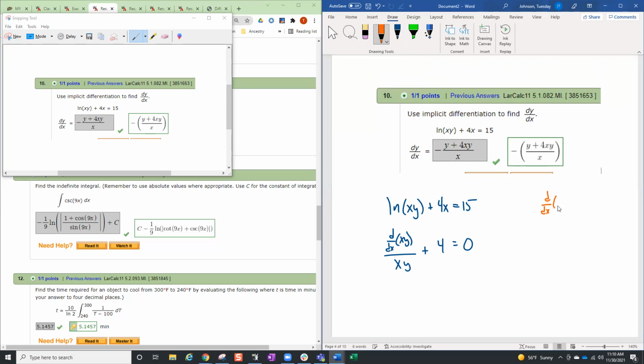But the derivative of a product is first times derivative of second plus second times derivative of first. I'm going to put this in here. So I'll have x dy dx plus y all over xy plus 4 equals 0.